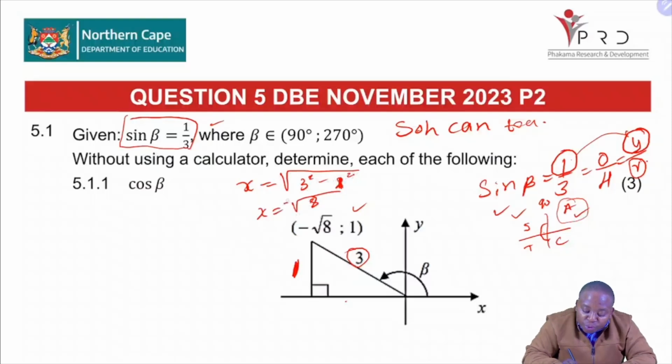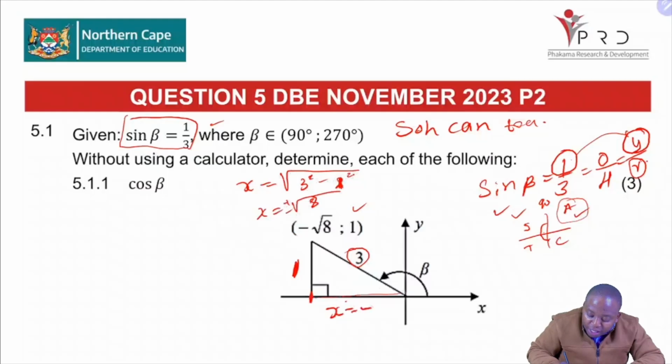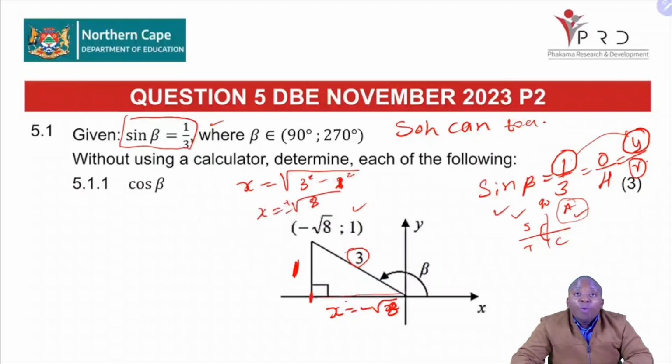Remember, if I introduce the square root, it is a plus or minus. How do I know whether it's negative or positive? I can see by looking at my diagram that it is drawn on the second quadrant where x is negative. Therefore, our value of x is going to be negative root 8. So that is how we decide whether it's negative or positive.